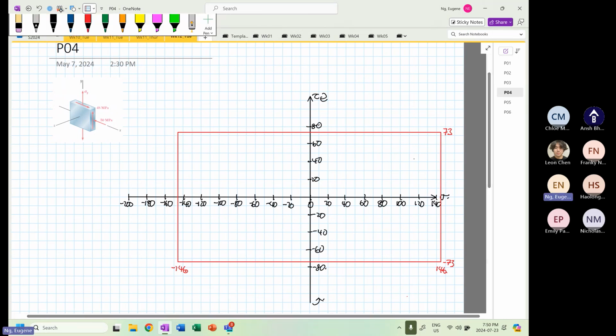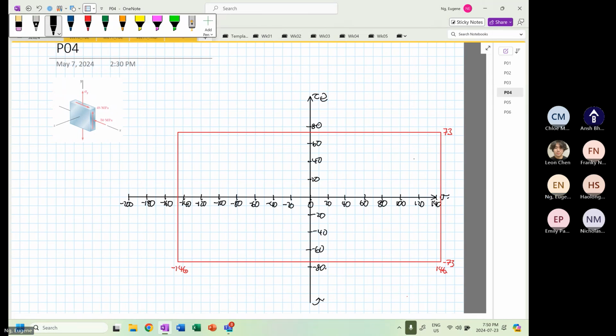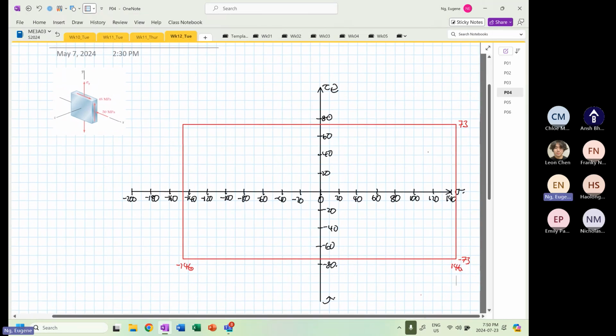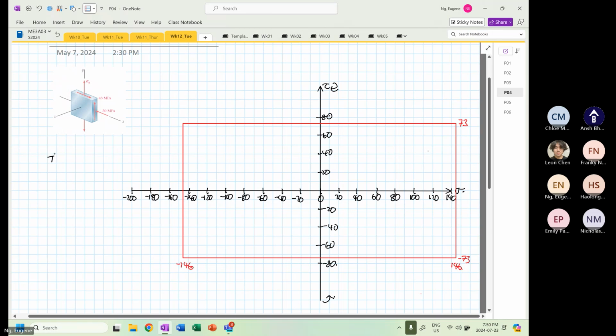So the 3D Mohr circle has to be within the red box or the red rectangle.